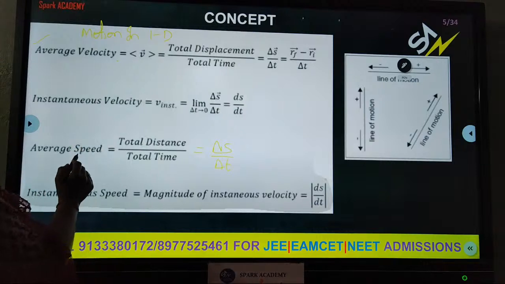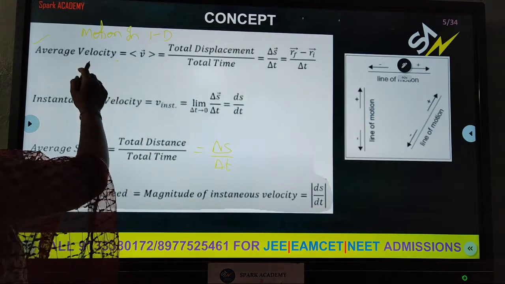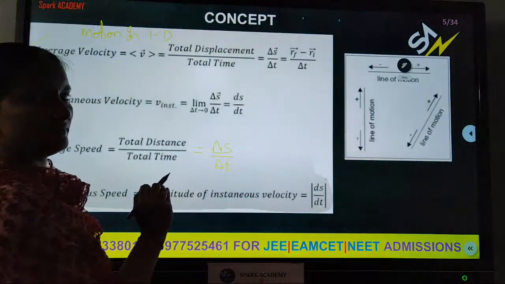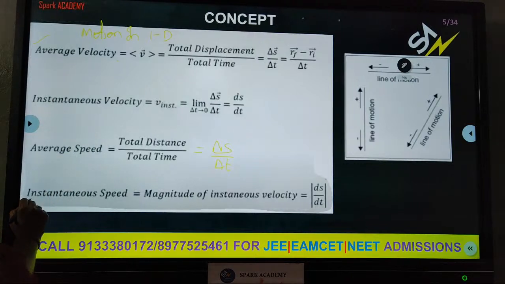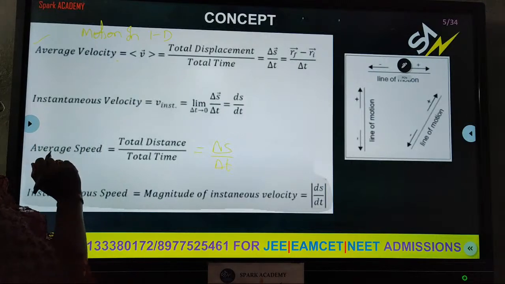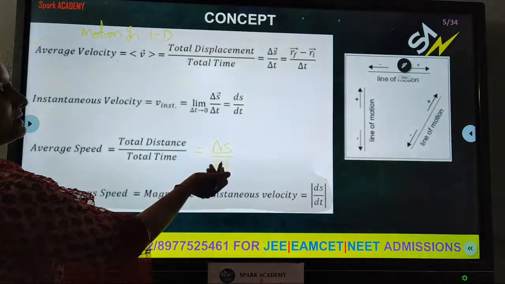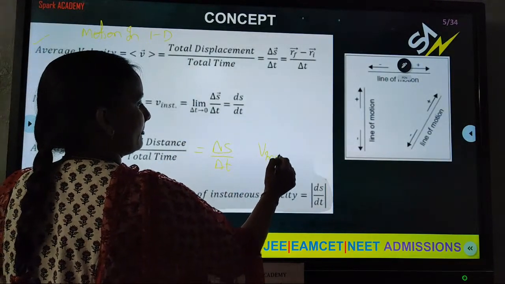Velocity is a vector quantity and speed is a scalar quantity. So we need to follow the rules of vectors, following the vector directions, mainly to find the velocity and the instantaneous velocity. And instantaneous speed is the same as instantaneous velocity at a particular instant: the distance by time taken is called v instantaneous.